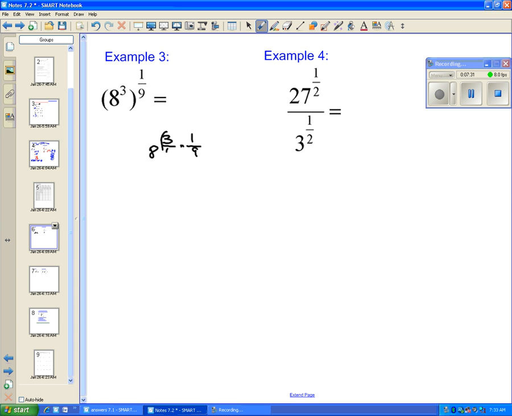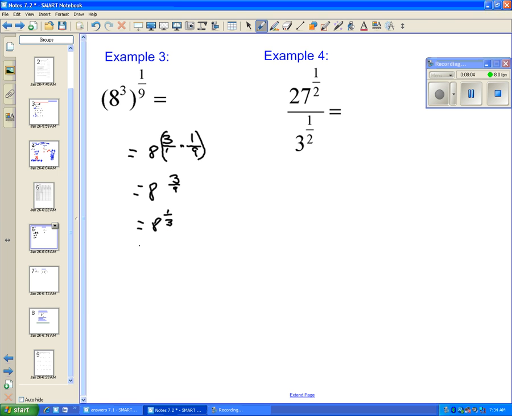Again, all of this is in my exponent. 3 times 1/9, I just multiply the numerators, multiply the denominators. 3 times 1 is 3. 1 times 9 is 9. Again, this is all in an exponent. So this is 8 to the 3/9. And since I'm using fractions, I can reduce that to the 1/3 power. 8 to the 1/3 power.